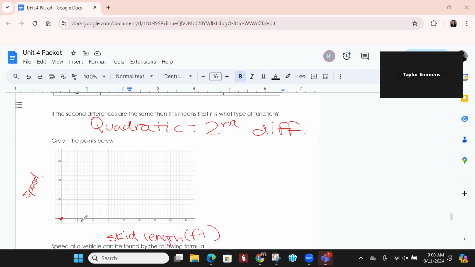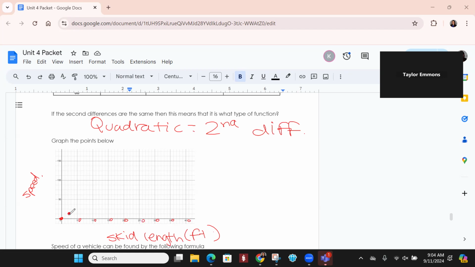These should be by 50, 100, 150, 200, because otherwise it's not going to work. If you have a skid length of 26 and a speed of 10, that's going to look like this.